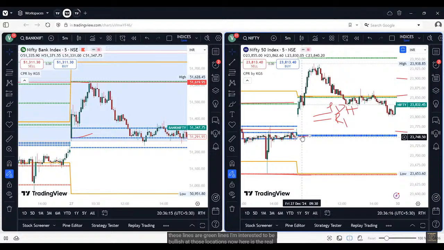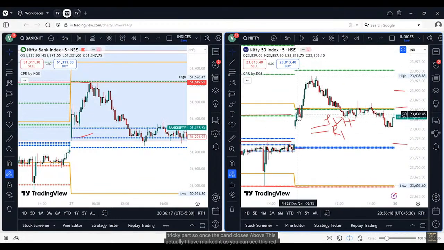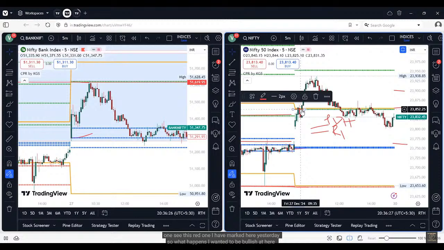Now here is the real tricky part. Once the candle closes above this, you can see this red one I have marked here yesterday. I want it to be bullish here. Okay, I'm really sorry, I want it to be bearish here.